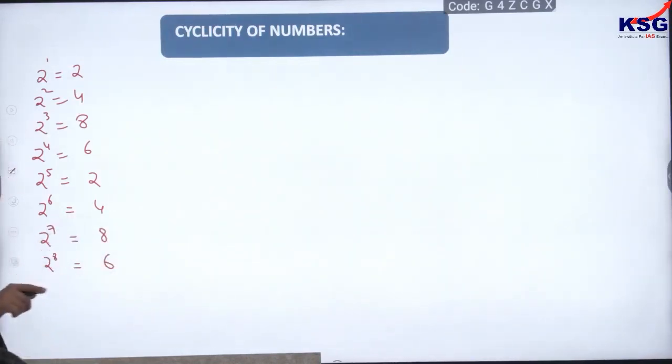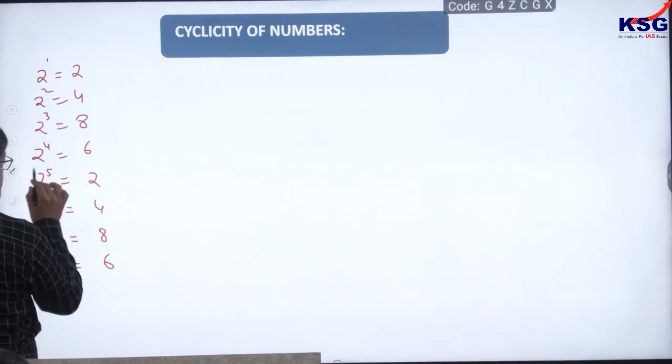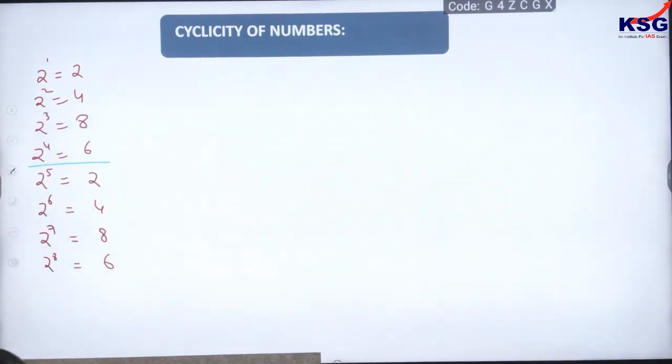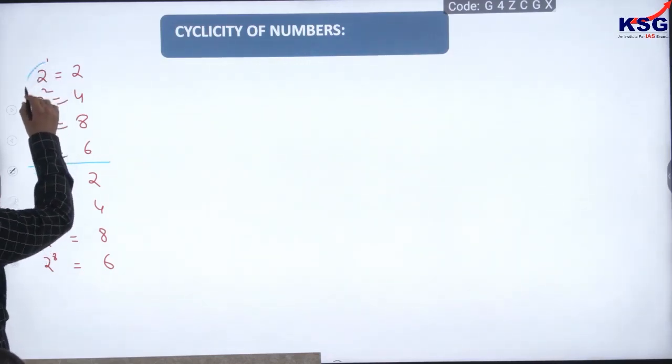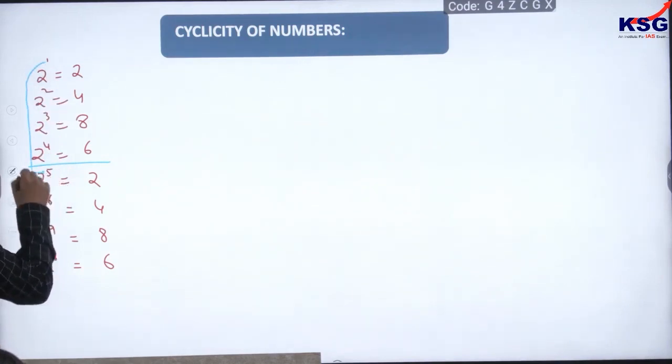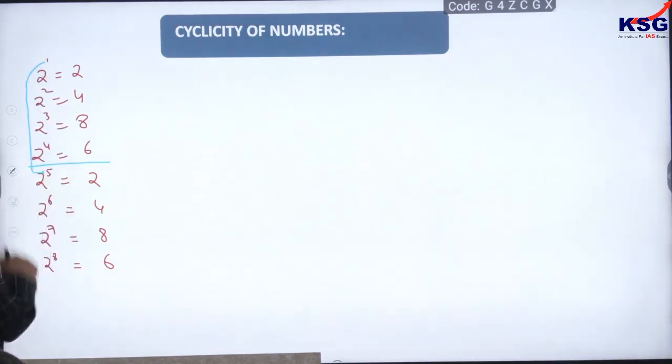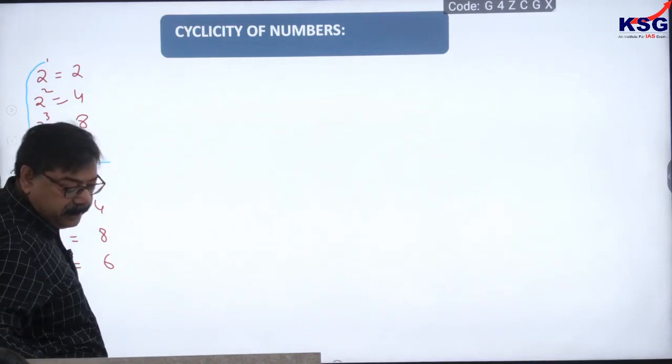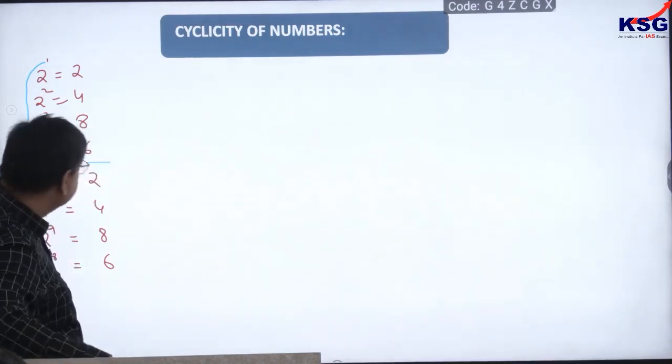Please do memorize all the powers of 2 till 2 power 12, that is 4096. What do you see? After every fourth power, the units digit happens to be the same. 2 power 1 plus 4 powers is 2 power 5, so you get 2 in the units place.